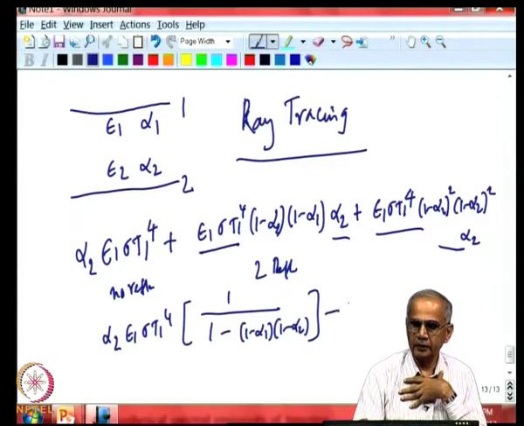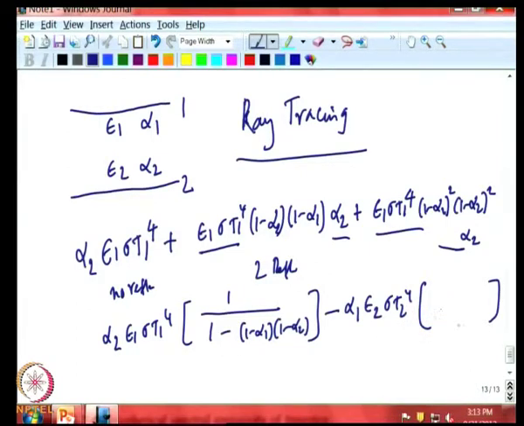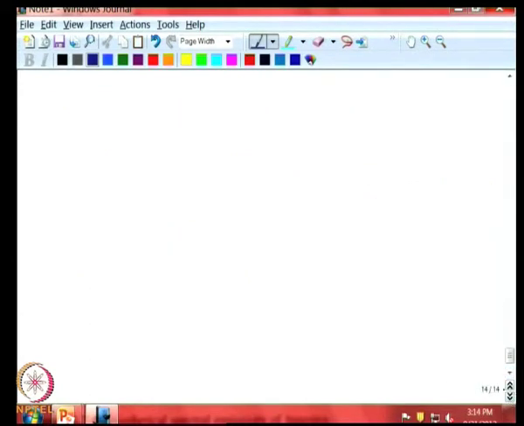Similarly, radiation leaving 2 absorbed by 1 will be a similar expression like this here. So, net heat transfer between the two surfaces based on this result can be written in a very elegant and simple way.